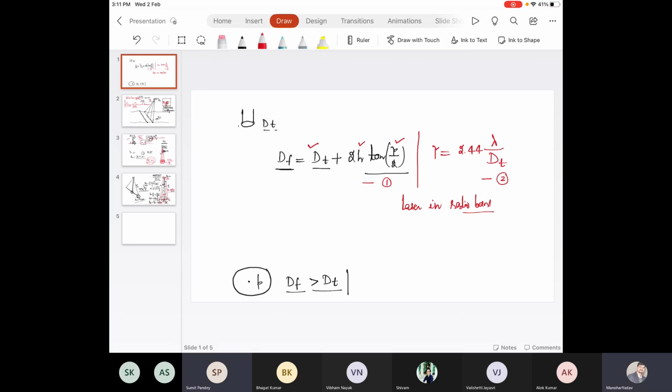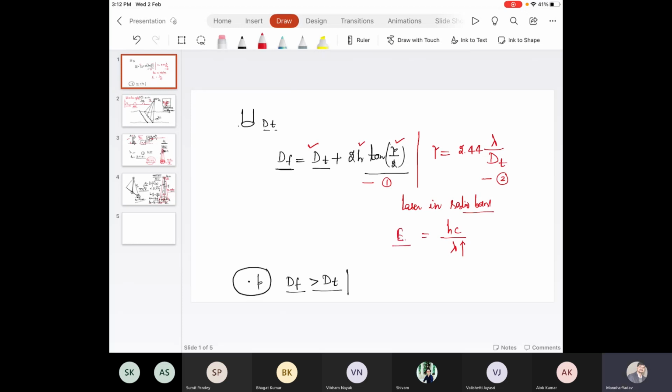So you mean you are correlating the laser pulse energy with the wavelength. Yes, sir. Fine. When we see energy within a photon, it is hc by lambda, so obviously if the wavelength is large, then this energy will decrease.